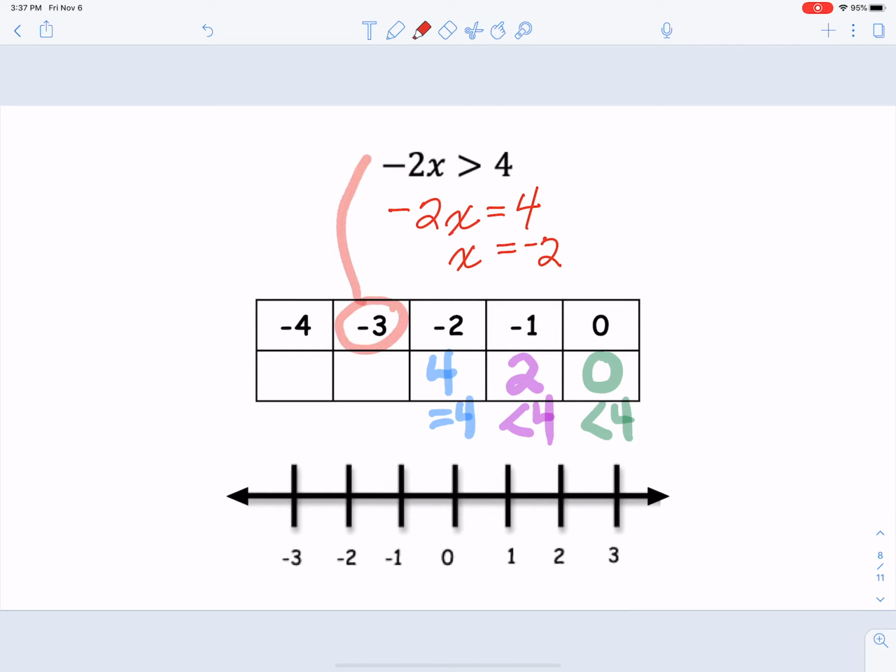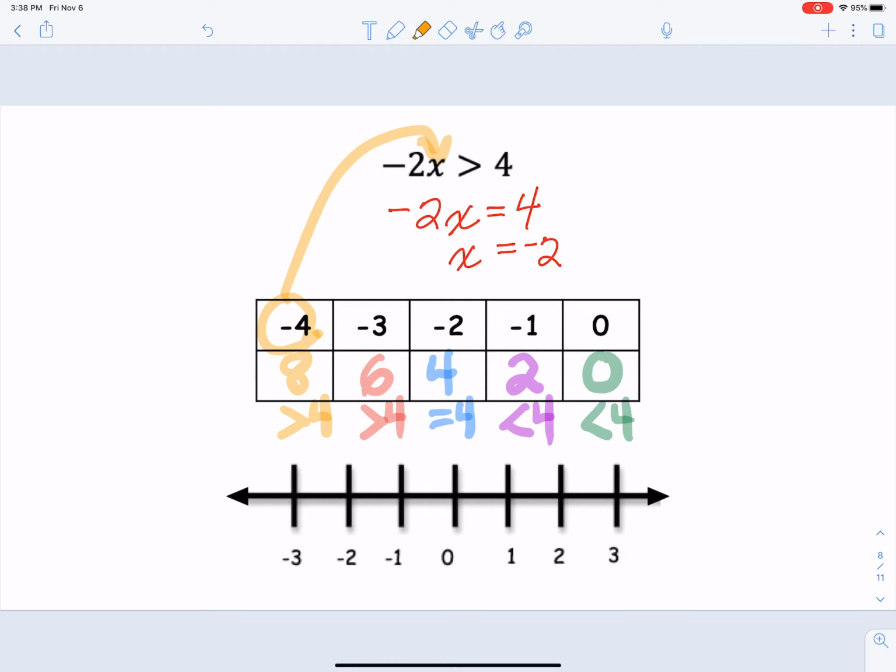If I substitute -3 in for x, I've got -2 times -3, which is 6. And 6, of course, is greater than 4. When I substitute -4 in for x, I get -2 times -4, which is 8, which also is greater than 4.